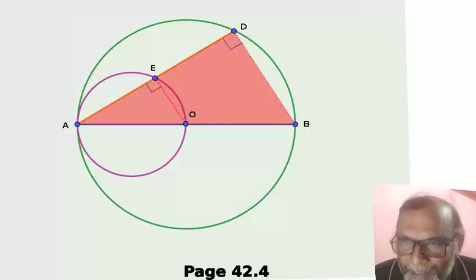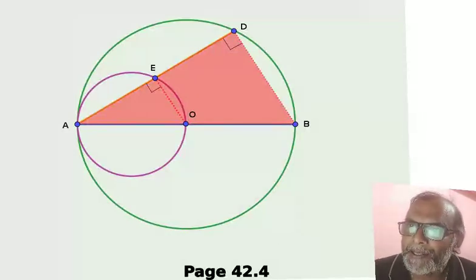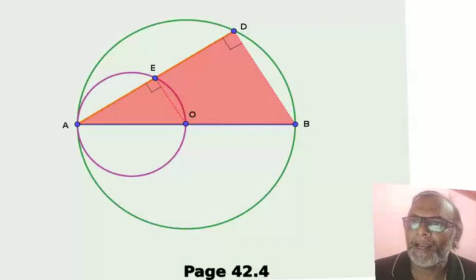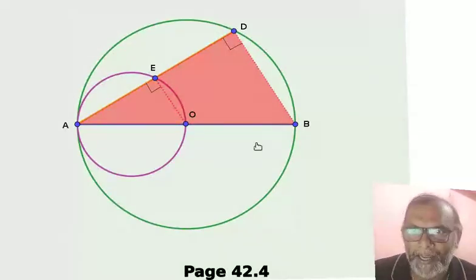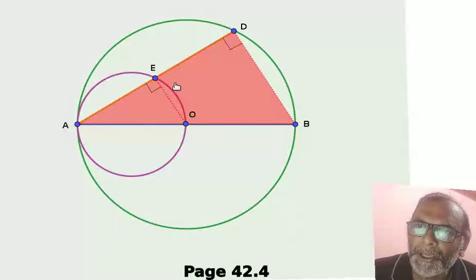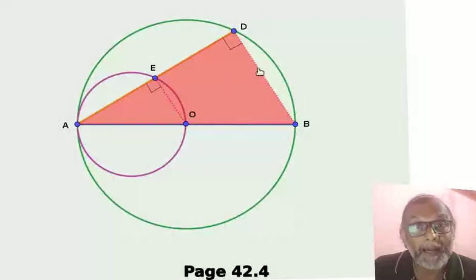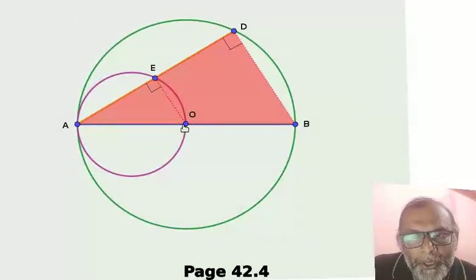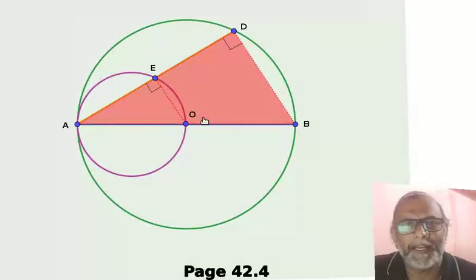In triangle ABD, DB is a side of this triangle, and the line OE is parallel to that side, and it is also going through the midpoint of another side.